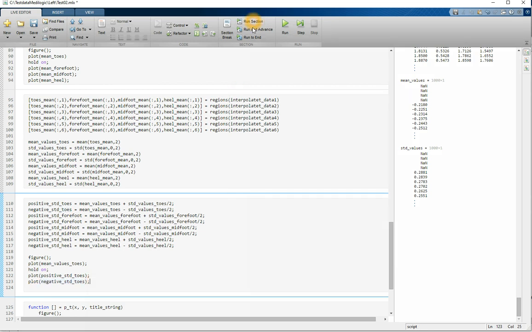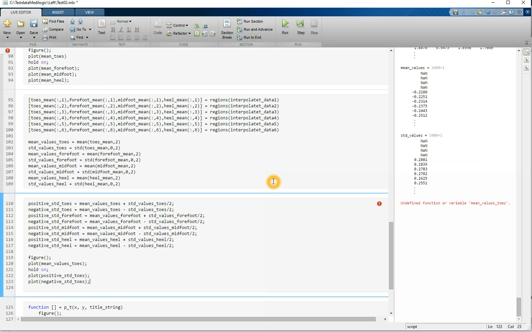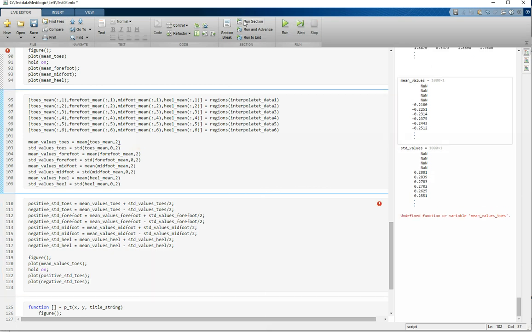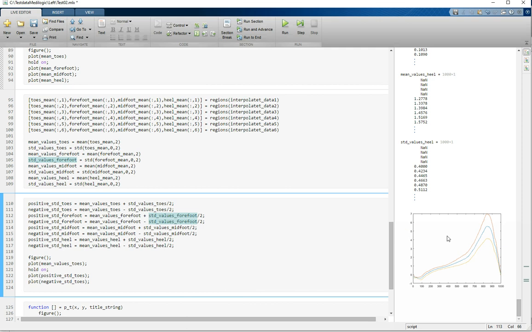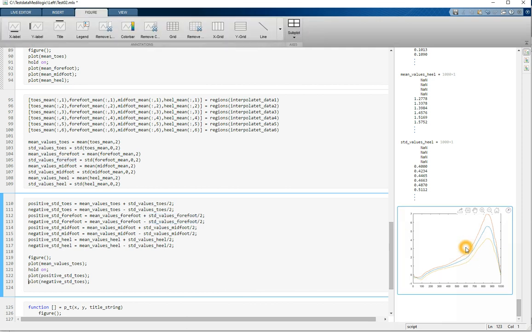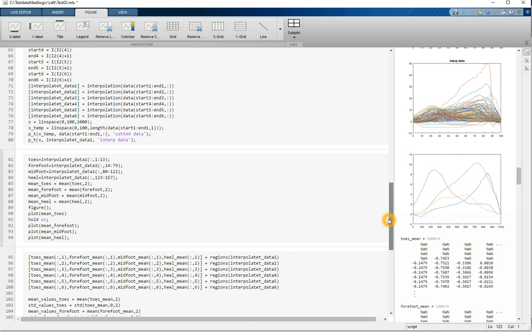Run the section and see what happens. I didn't run this section. Okay, perfect. And now I run this section, and we get the plot as I supposed it would be. One error I see here is I didn't use the X variable.